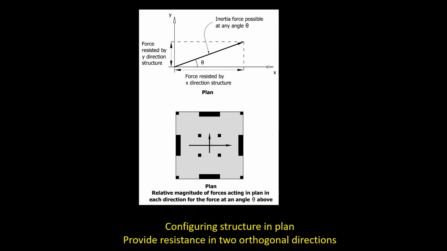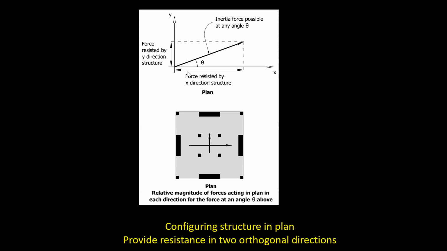And the first principle is that in each direction in plan, you must provide resistance. As I pointed out in an earlier lecture, if this is a plan and say the building is here, an earthquake can attack at any angle at all. It could attack in the X direction or the Y direction, or at this angle, theta here.